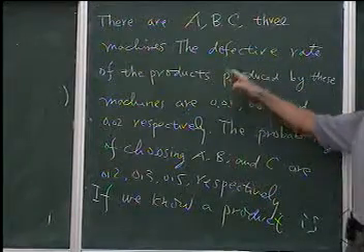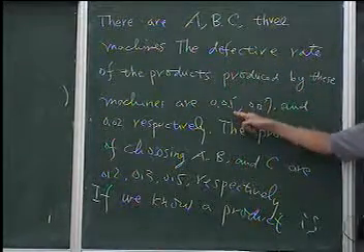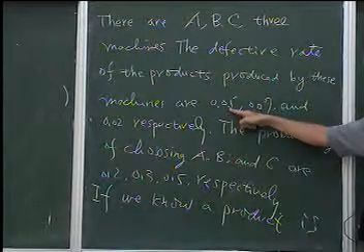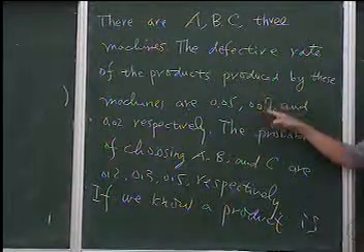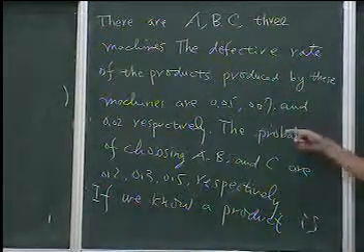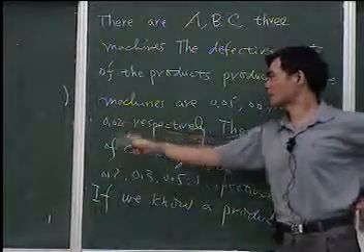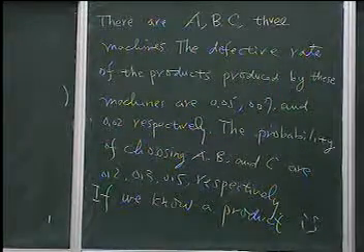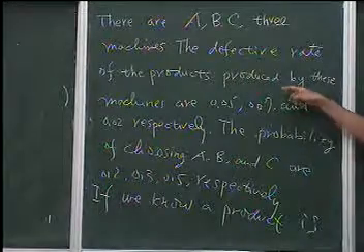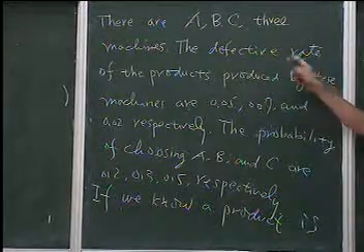For products from machine A, the chance that it will be defective is 5%. For B, the chance that it will be defective is 7%. And for C, the rate of defection is 2%. Of course, this is the rate of defective products from these three machines.